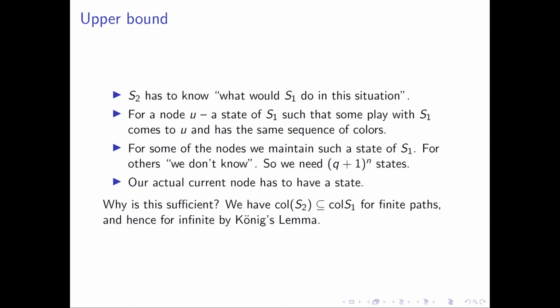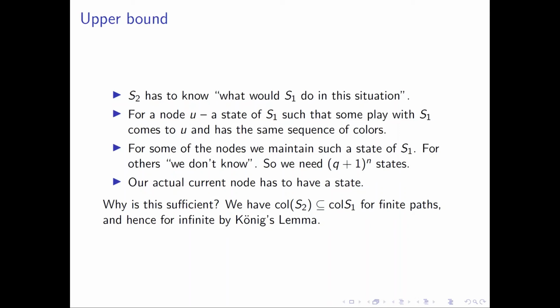And we basically are interested only in the sequences of colors. So for a node U, we would like to know some state of memory of S1 such that there is some play with S1 which brings its memory into the state in question. And of course, it should come to U, and it has to have the same sequence of colors as in our current play with S2 that we are currently playing.